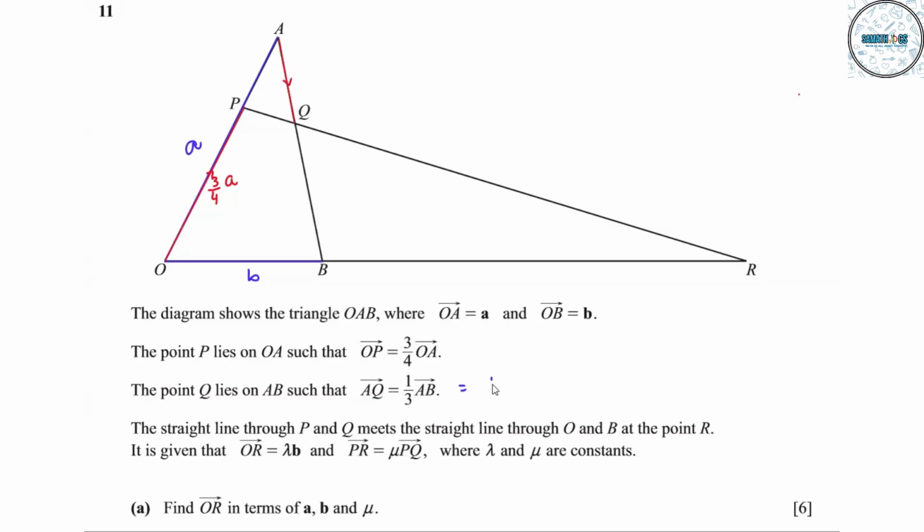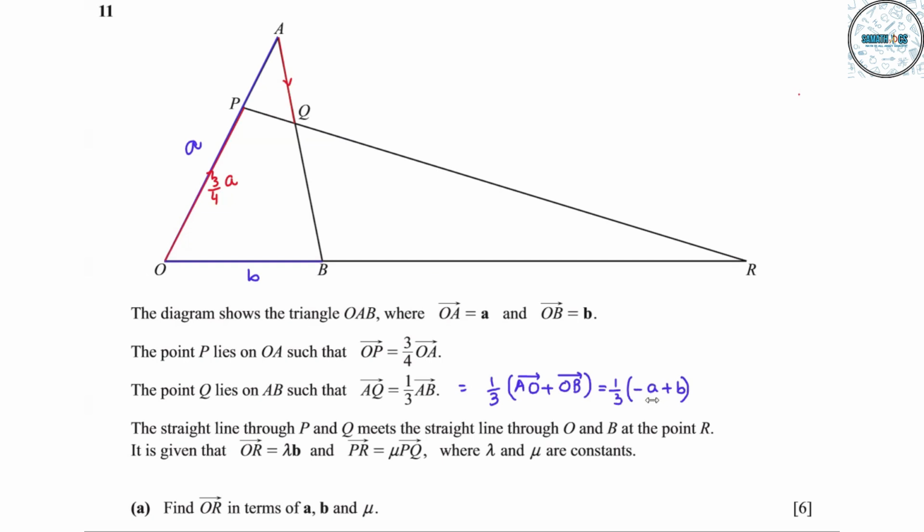AQ is equal to 1/3 AB, and AB is AO plus OB, which is equal to minus a plus b. AO is the opposite of OA, so its direction is changed.